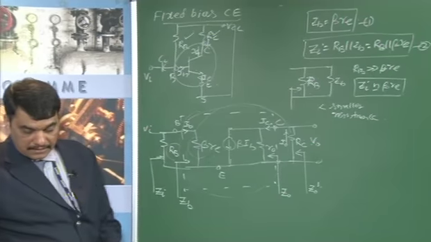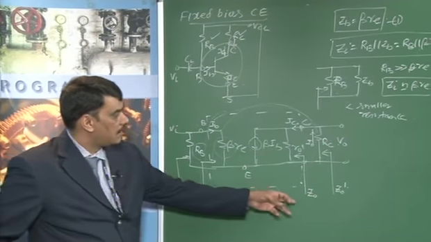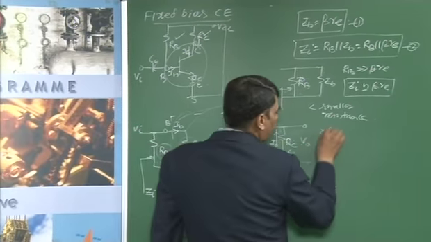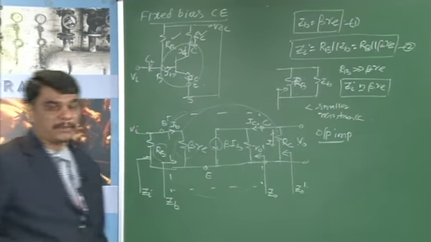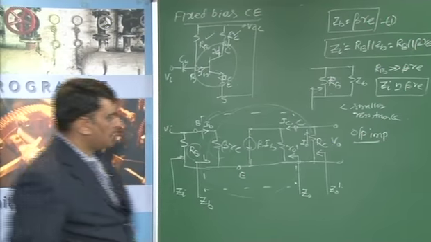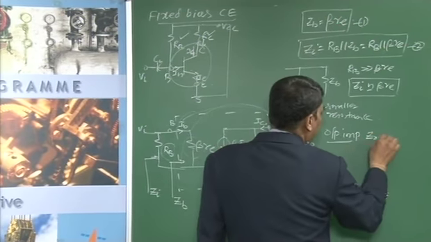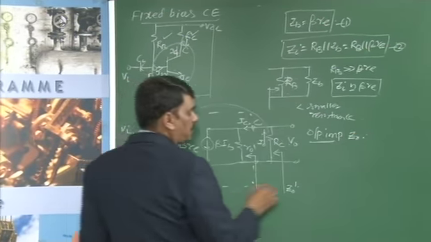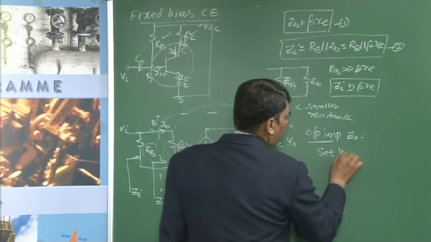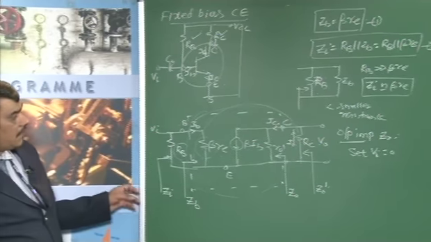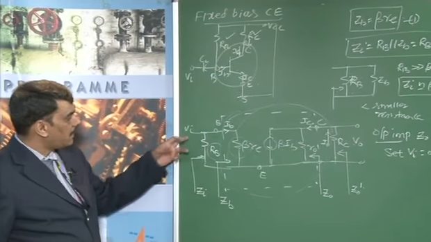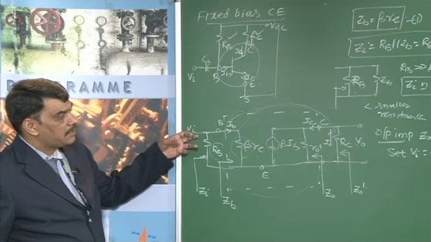Next, let us consider the output impedance Z0. To determine the output impedance of a transistor circuit, it is given by V0 by I0. When you are looking into this, the first thing is you have to set Vi equal to 0. According to the Thevenin's equivalent circuit, set Vi equal to 0, and if it is a current source, replace it with Ii equal to 0.